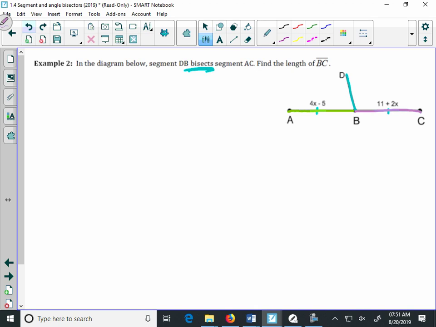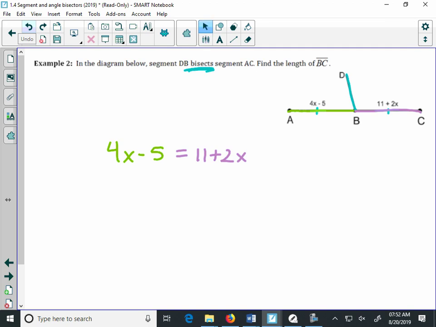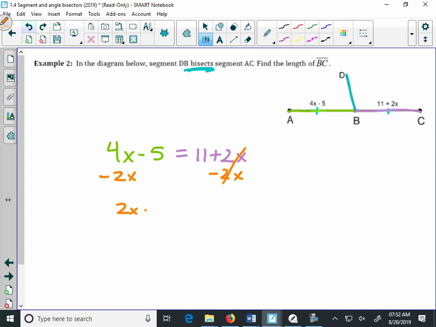Take the two things, set them equal. Alright, so we're going to say 4x minus 5 equals 11 plus 2x. And then you just solve for x. So to solve for x, which one do we want to move over first? 2x. I'm going to subtract to move it over. So I get 2x minus 5 equals 11. Move the 5 over.